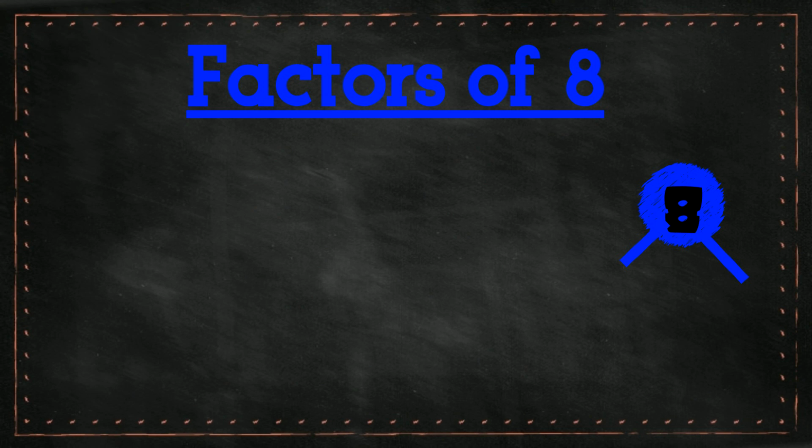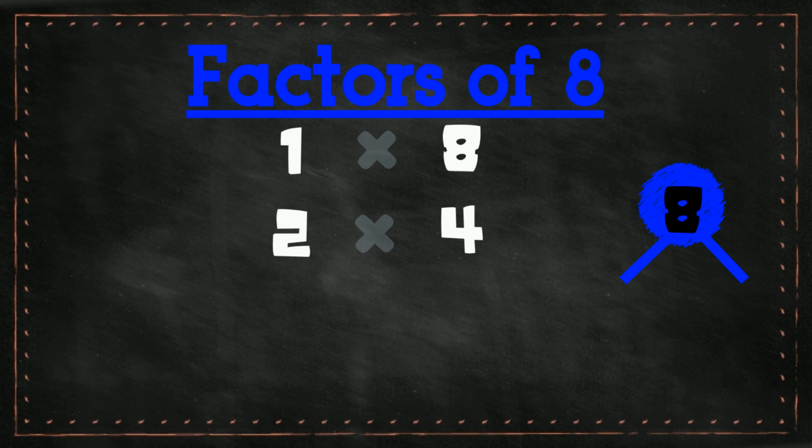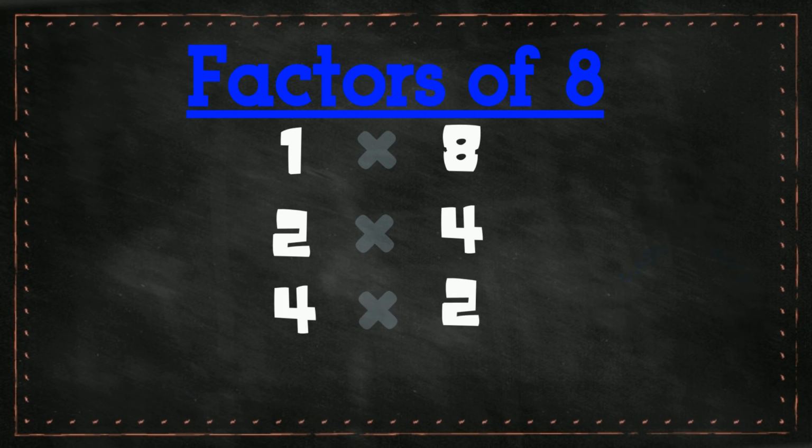Factors of 8. 1 times 8 is 8. 2 times 4 is 8. Can 3 be multiplied by a number to get 8? No. So we continue with 4. 4 times 2 is 8.